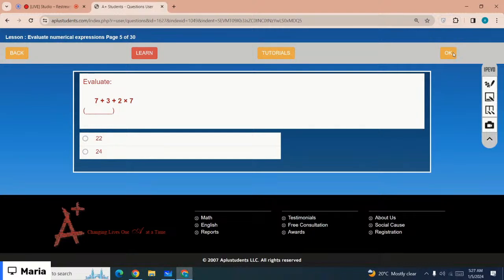Which is the correct option? You have to multiply first, right? 7 times 2 is 14 and 10 plus 14 is 24. The correct option is 24.